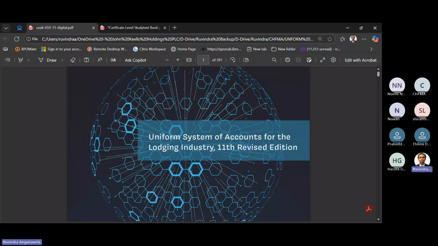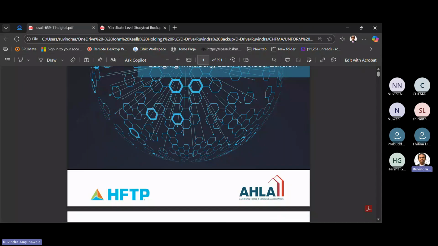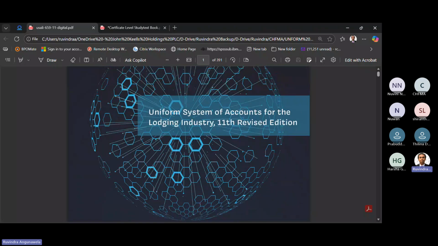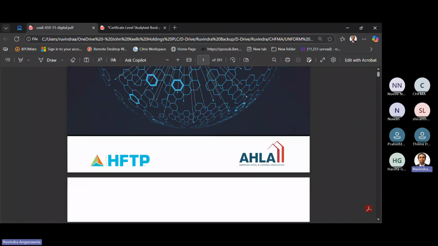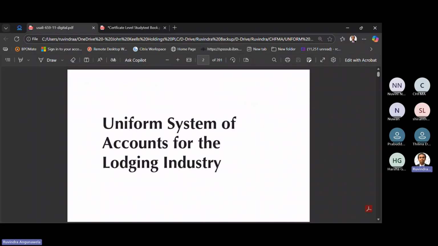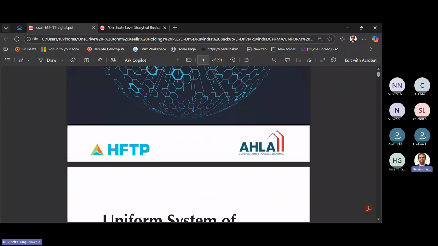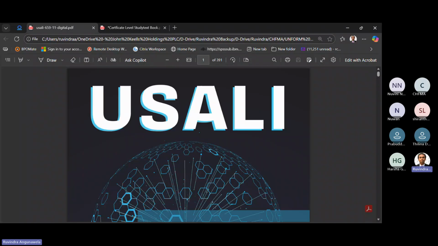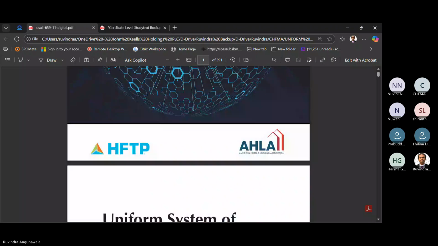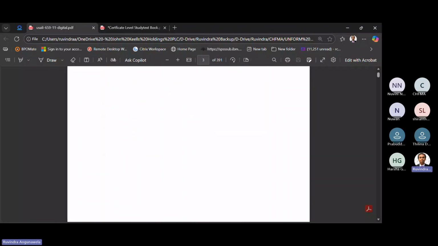But as I'm informed, the 12th edition is effective from 1st January 2026, but we don't really need to worry too much because it's not really mandatory to use USALI here. Right.